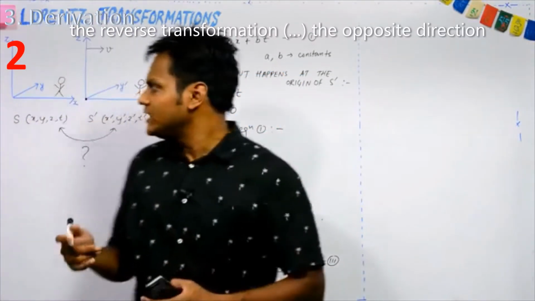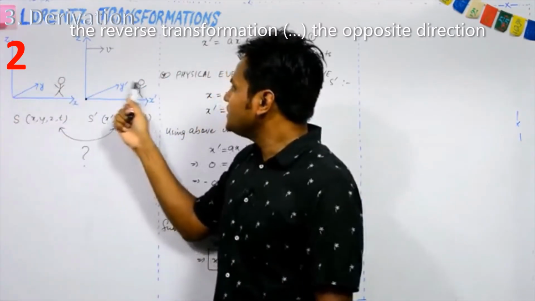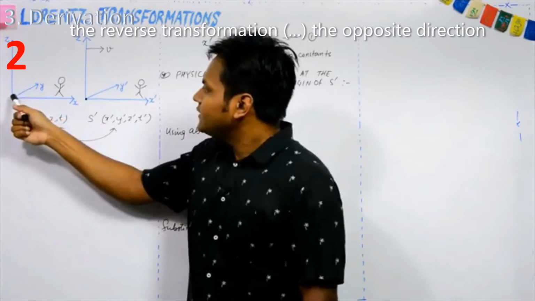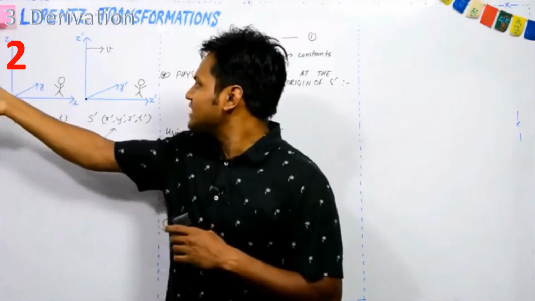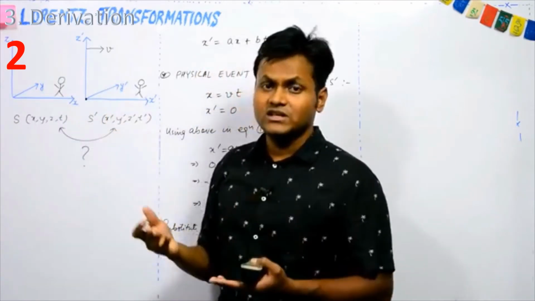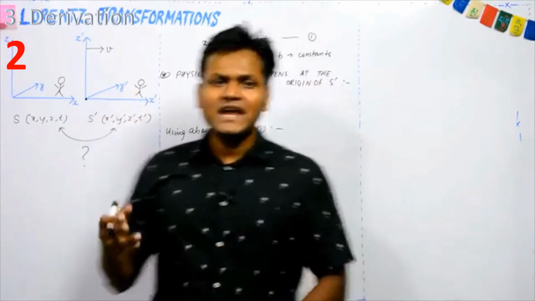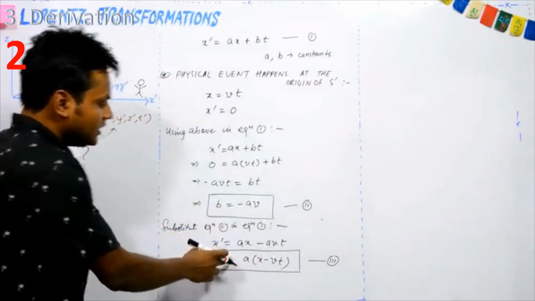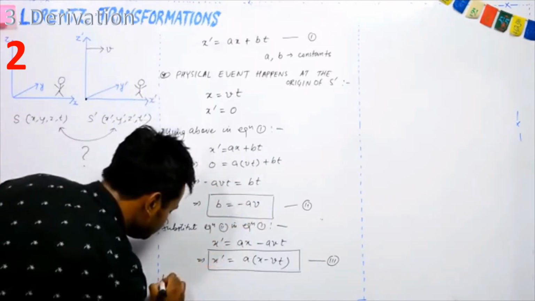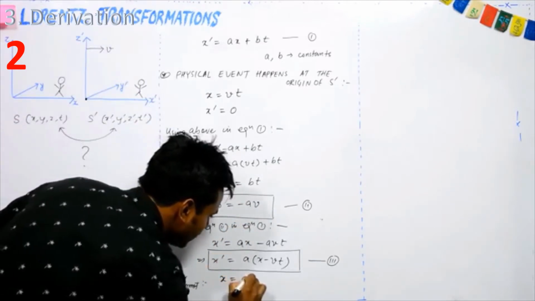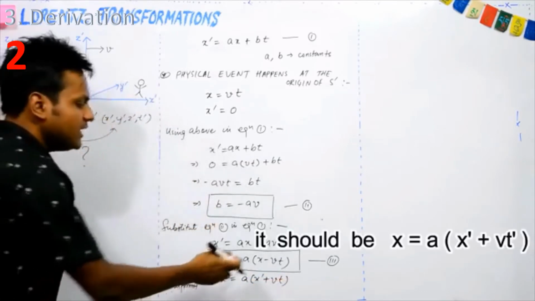So if you imagine that the physical event happens at the origin of the S frame of reference, and this person is looking at that, then that physical event is traveling in the opposite direction, or in the negative x dash axis, with respect to him with a velocity v, or with a velocity minus v according to this person. So using that, you can also obtain the reverse transformation equation. The reverse transformation equation is simply going to be x is equal to alpha x dash plus vt. So you simply replace v with minus v.